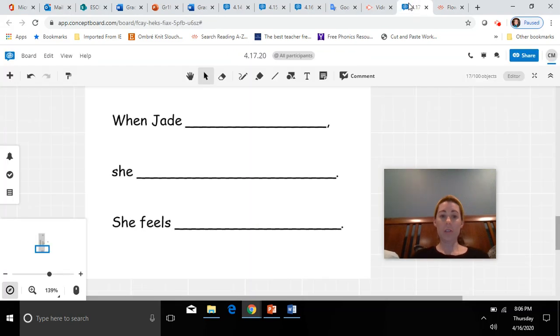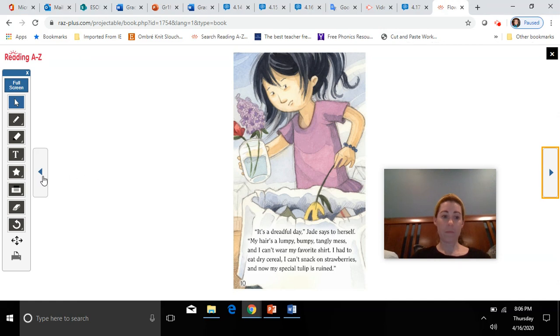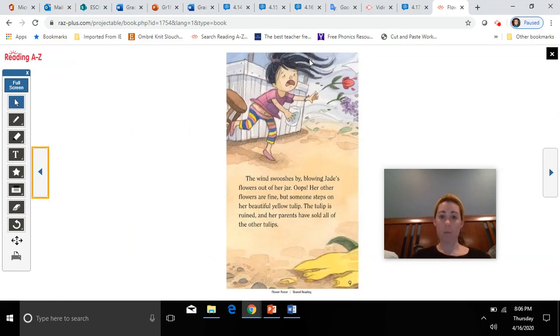So what I want you to do is try using this sentence frame to make two sentences. It says, when Jade blank, she blank. She feels blank. Okay, so right here in this space, you're going to write Jade's problem. What happened to Jade on this page? Right here. What is happening?